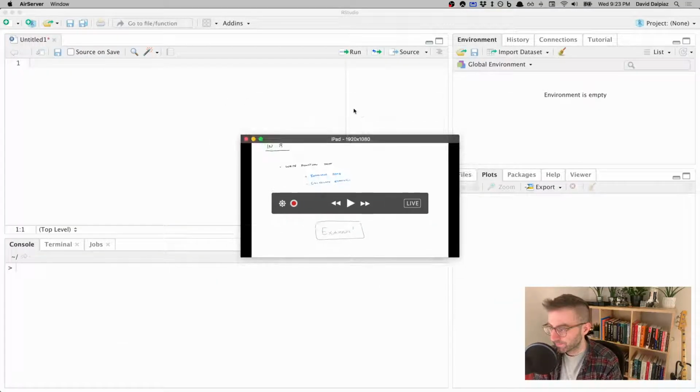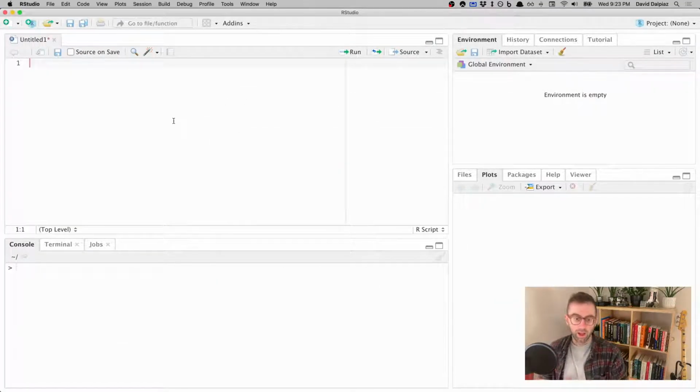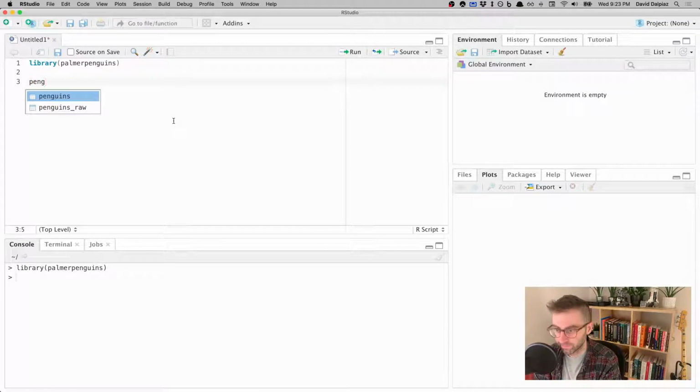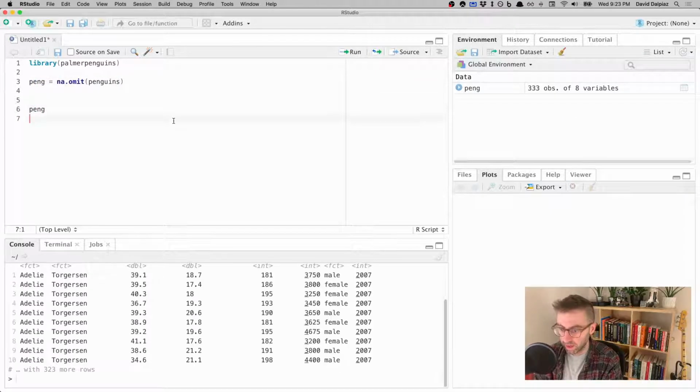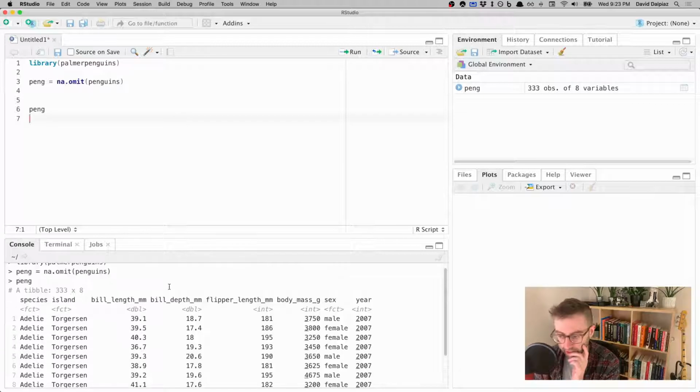Okay. So I'm gonna make up an example on the fly. I need some data. Okay, so what this data is, it's physical characteristics of penguins.